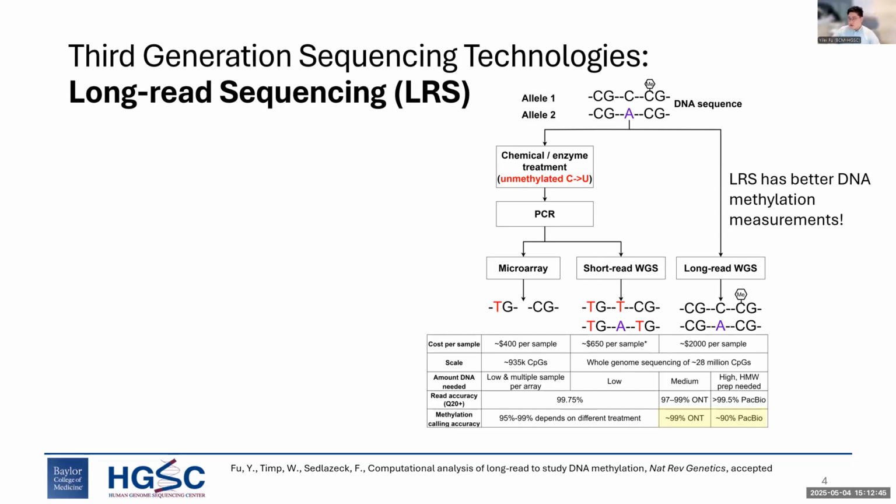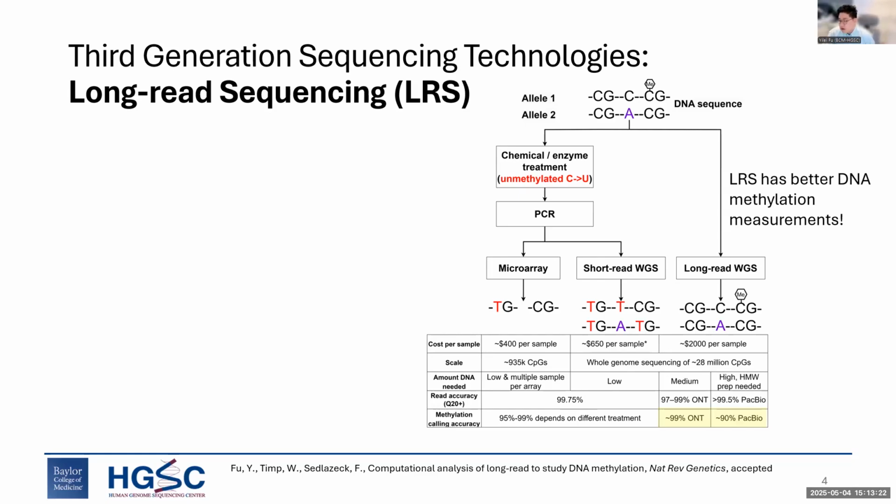The figure shows that short-read whole genome sequencing and microarray usually require a base conversion step with a treatment that converts unmethylated C to U. After sequencing, microarray could profile at most 935,000 CpGs on the genome, while short-read whole genome sequencing could profile the genome and DNA methylation, where there are around 28 million CpGs. The conversion process itself and the converted results make the entire process hard and complex.